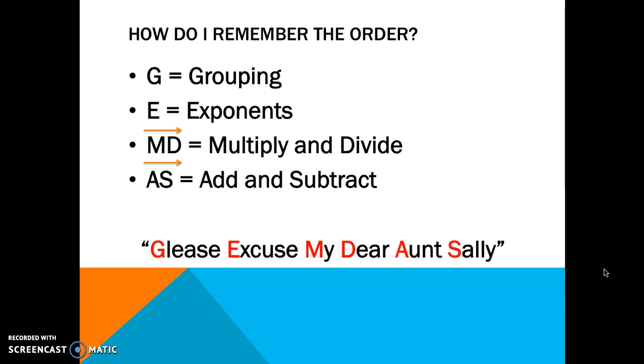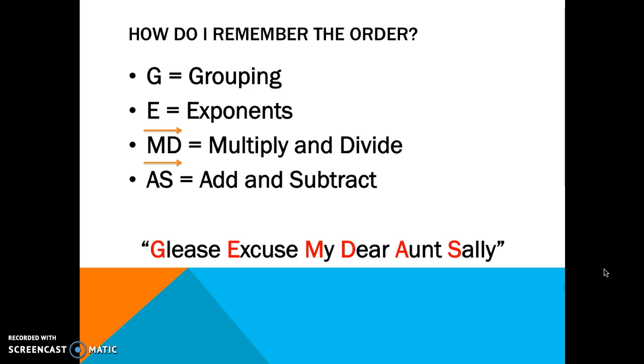So the way that we remember the order is we use this special little quotation called, "Please excuse my dear Aunt Sally." Now, if you look at it, it's actually a G because we use G for grouping instead of P for, in the old school days, it was P for parentheses, but there's actually more grouping symbols than just parentheses.